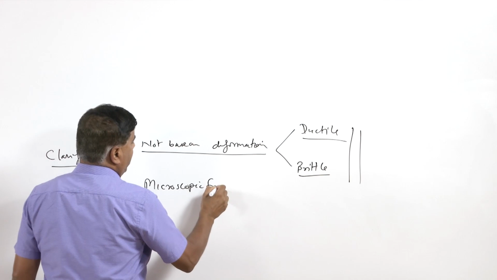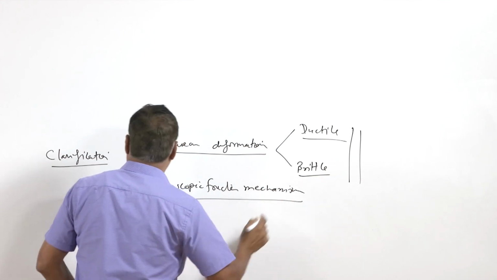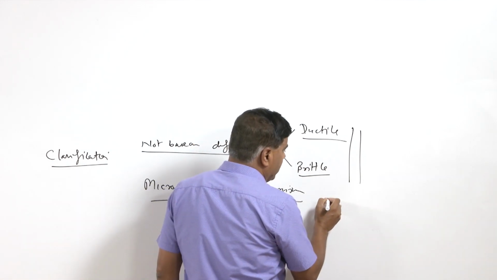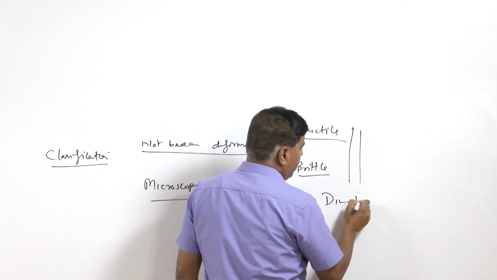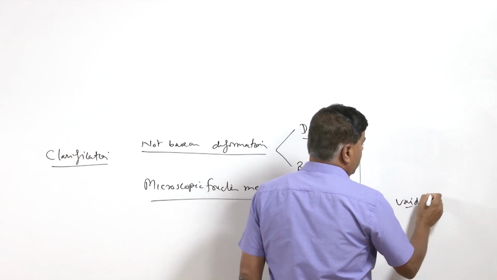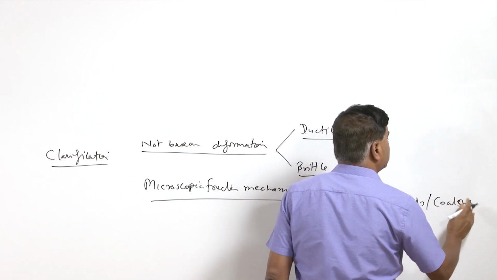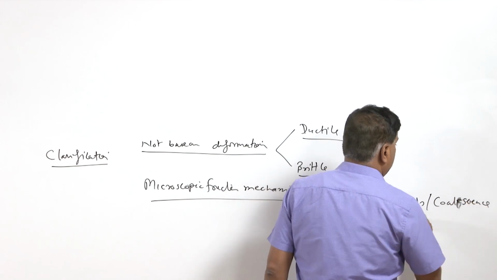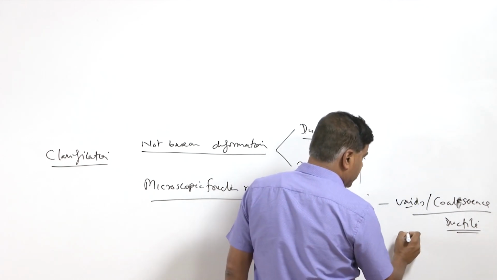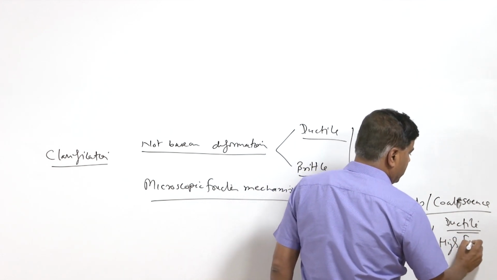the microscopic fracture mechanisms are basically used to classify the type of fracture which has taken place, and for that what we have to keep in mind is that the presence of dimples suggests the formation of voids, and their coalescence will indicate the ductile fracture, which also indicates that the material is fracture tough and it's a high energy fracture.